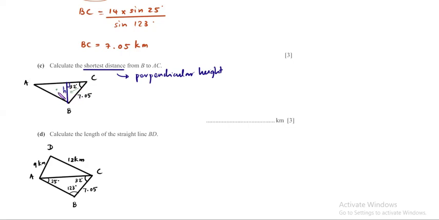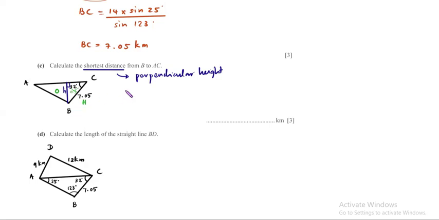This height is the opposite side, and this 7.05 is the hypotenuse. So I need to calculate the opposite side, and the side that is given to us is the hypotenuse. I'm not going to write the adjacent side because sometimes the moment you write that, it can confuse you as to which trigonometric ratio to use. So always label the side that you are supposed to find and the side that is already given to us.